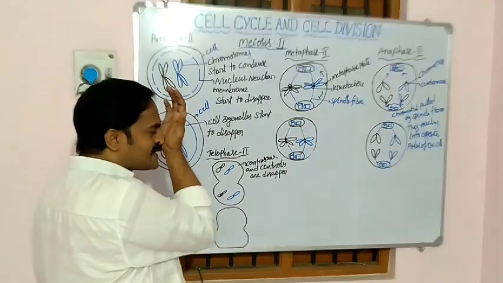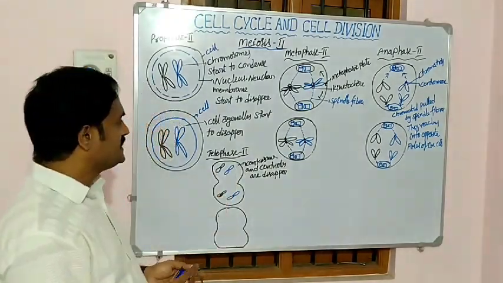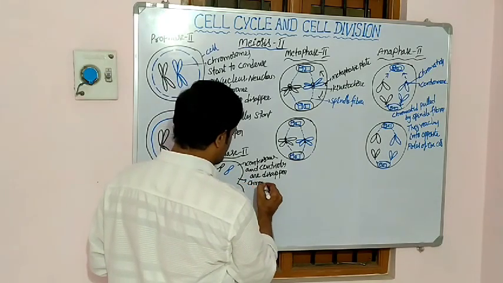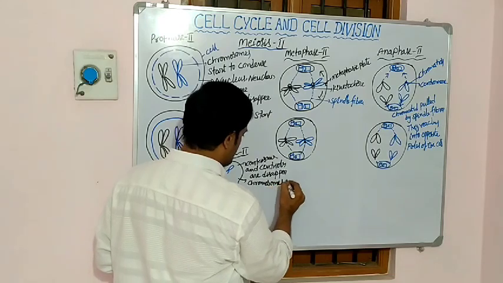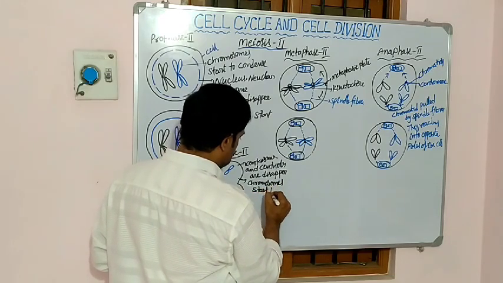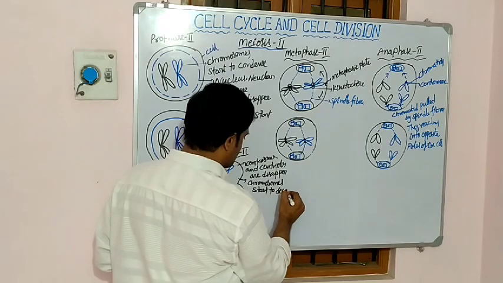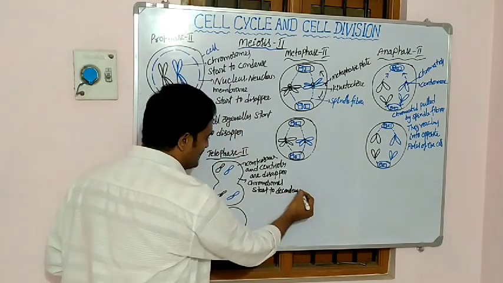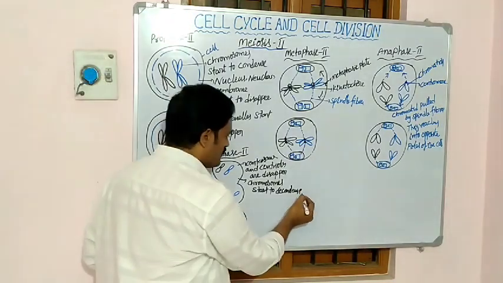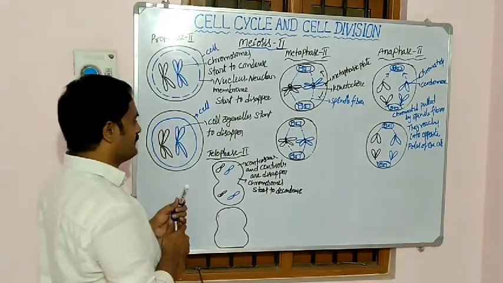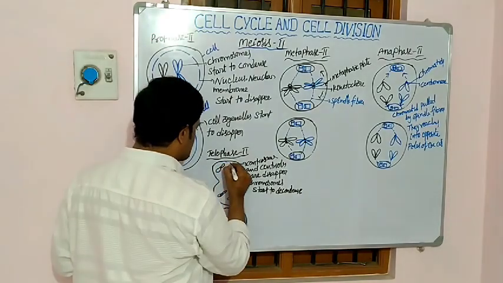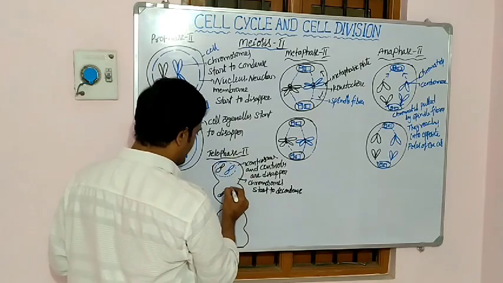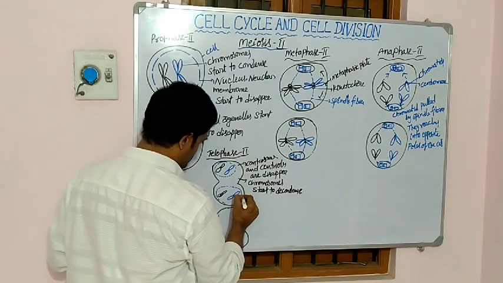The chromosomes start to decondense here. Then what will happen next? See here the nucleus reforms. That means the nucleus and nuclear membrane reappear like this.